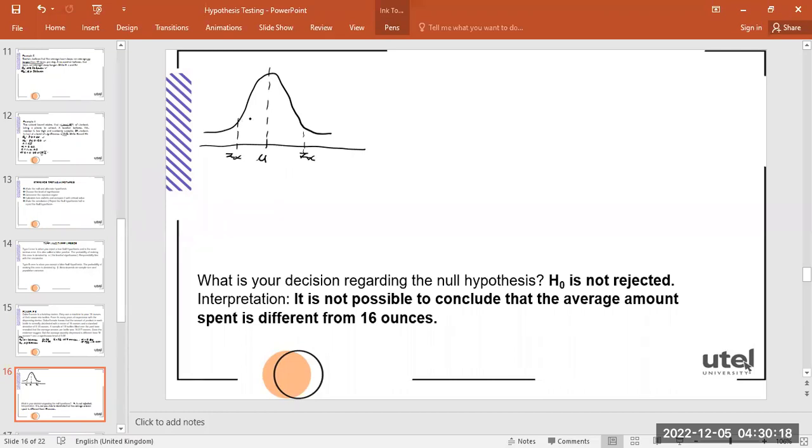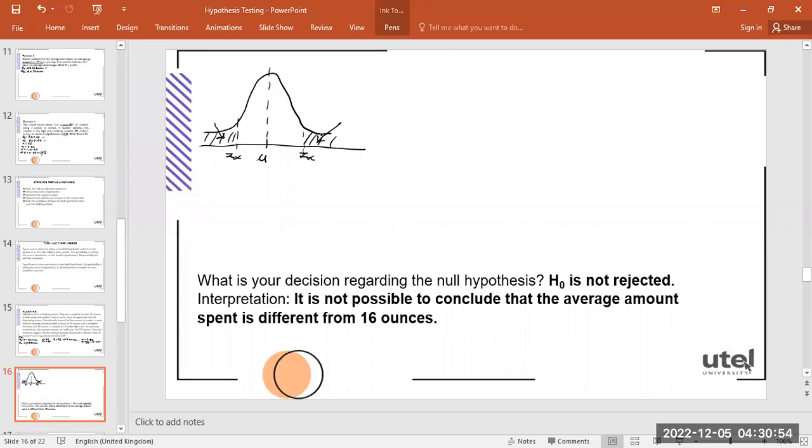Now, it is important to know that the areas under this particular curve, let me start with the areas here, are actually the areas in our rejection region. So when we calculate our Z statistic and compare it with our Z critical, and the number is outside these values, then we reject our null hypothesis. If it is not, then we fail to reject our null hypothesis.